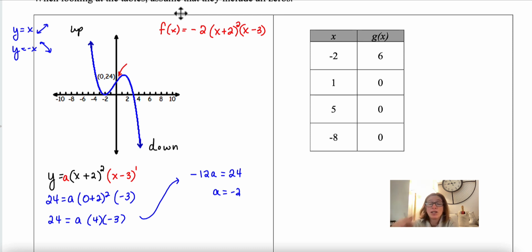All right, so how am I going to do this with a table? Remember, a table gives me really specific points, and I want to look carefully at points that have zeros in them. When y is equal to 0, we know that it is our x-intercept. So I have 3 x-intercepts here: (1, 0), (5, 0), and (-8, 0).